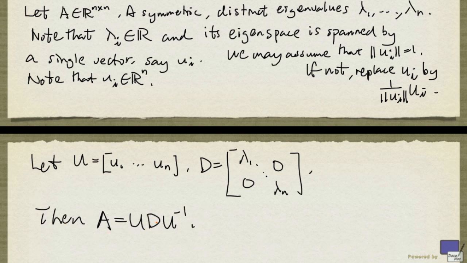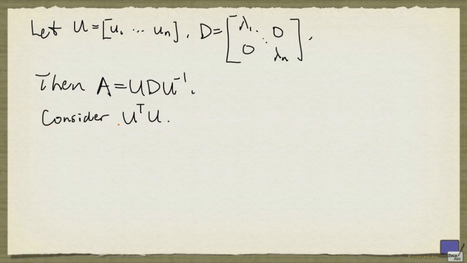In order to complete the proof, we have to show that U inverse here is the same as U transpose. Let us now look at the product U transpose times U. If you look at the ij entry of this product, it's given by row i of U transpose times column j of U. But row i of U transpose is precisely column i of U transposed. And so we can write this as ui transpose times uj.